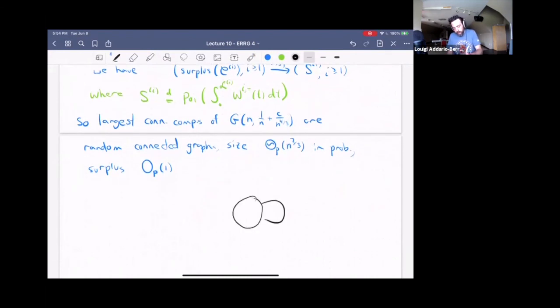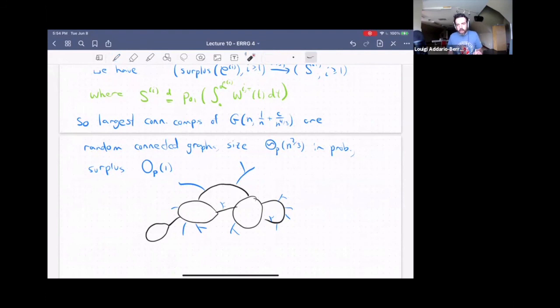You start by some random drawing of some 3-regular kernel with random edge lengths. And then you can use the stick-breaking construction to decorate that with a bunch of pendant trees hanging off of it.